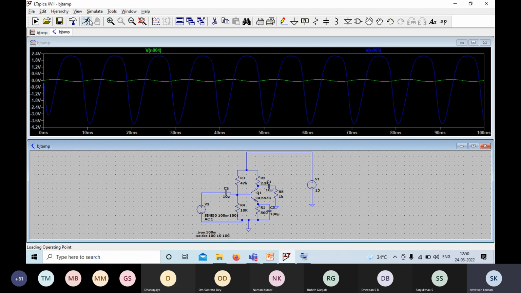The transistor cannot amplify the signal. That's why you have to choose the proper biasing.